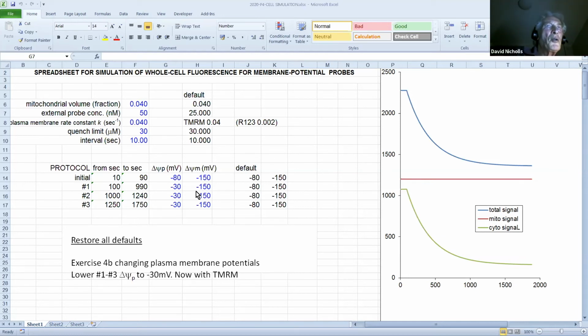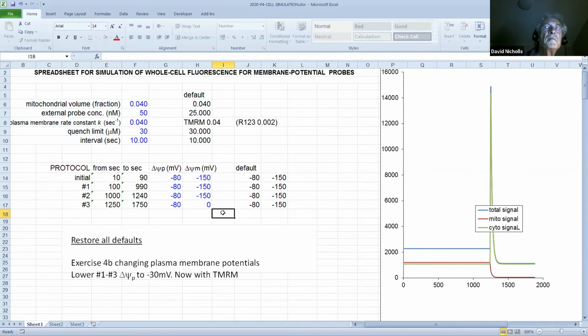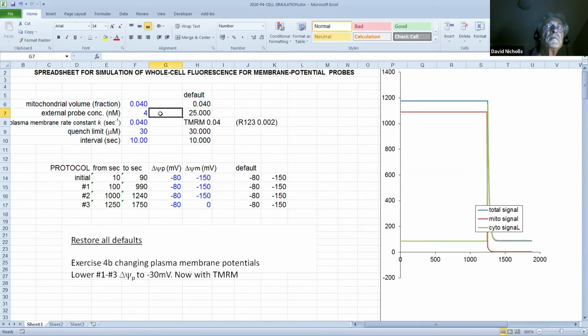So let's go back to an earlier experiment. Let's remember that one. Let's go back to repolarize, and we'll depolarize the mitochondrial membrane. And in non-quench mode, I think it's probably better to do it with rhodamine 123.